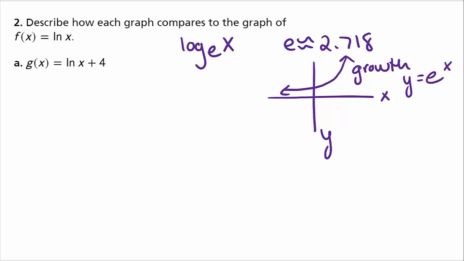If we change that to be a logarithm, and I'm just going to do a sketch to give you a visual, our natural logarithm would be a reflection about that line, y is equal to x. So it would look something like this.